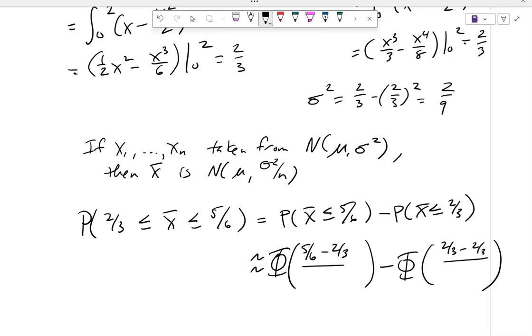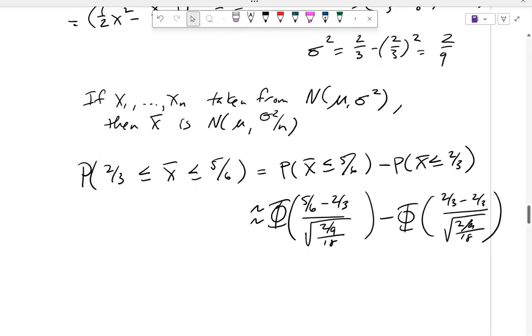And in each case, what will we divide by? Square root of 2 ninths over 18. Good. You got to take your square root, right? Don't forget to take the square root of your variance.